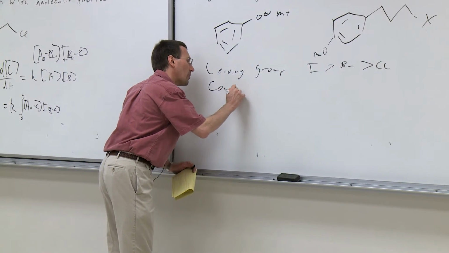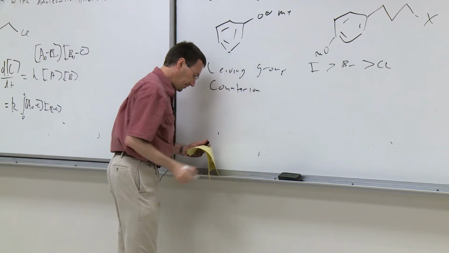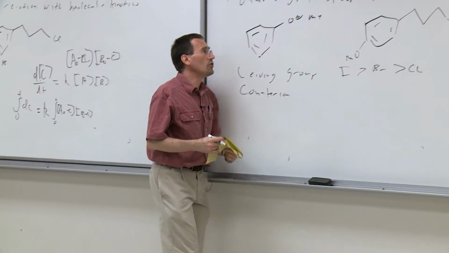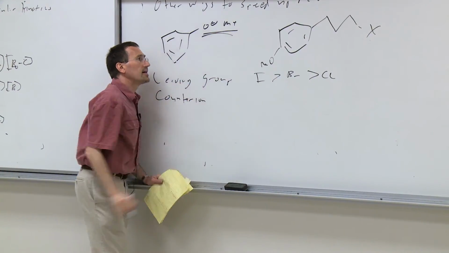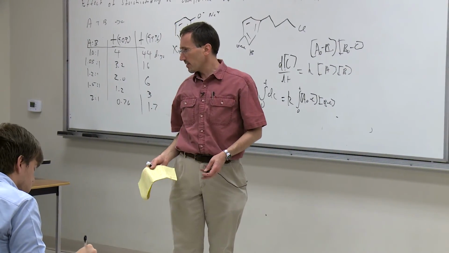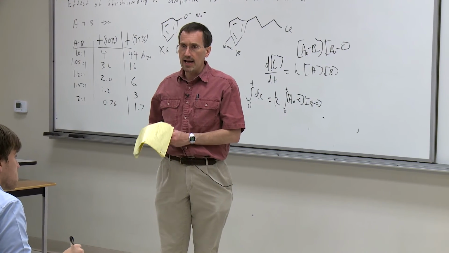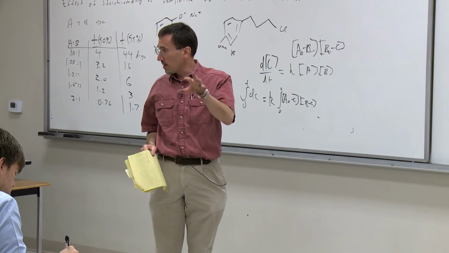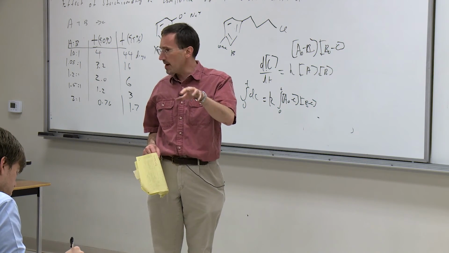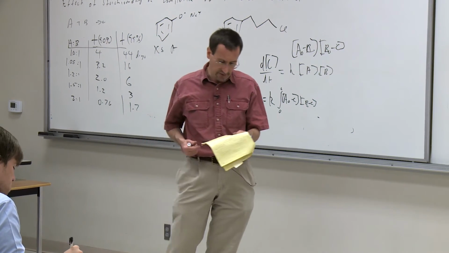Counterion is also important. The thing that you're trying to do is have a naked anion. The more naked, the better. The more naked that anion is, the more it's available to react in SN2. The more tightly ion paired it is, the less it's available.